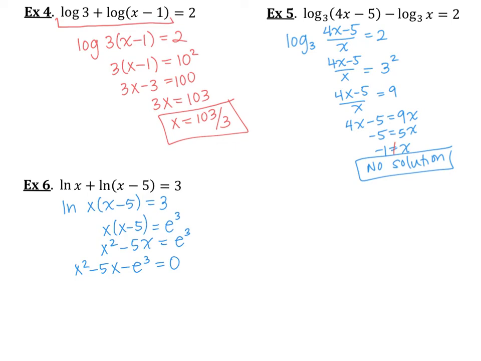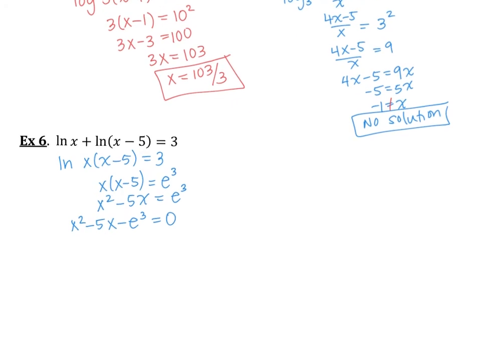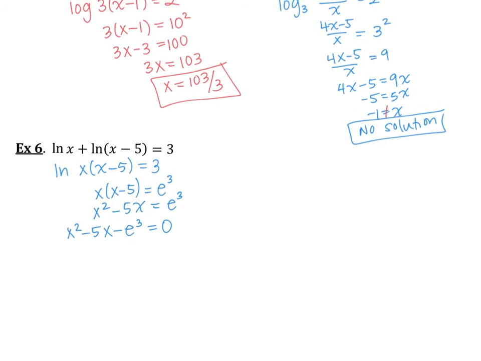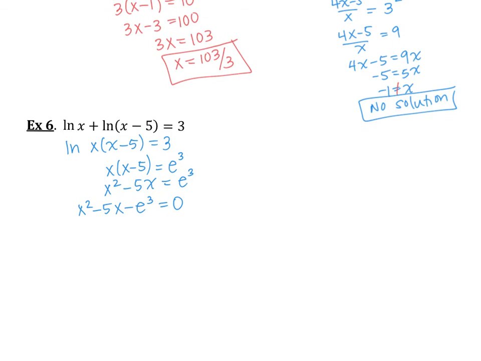Okay, as ugly as this is, actually it's not that ugly, it's a beautiful little quadratic. I'm going to solve it using the quadratic formula. If the middle term had been even, I might have completed the square, but since it's odd, I'm going to go ahead and use the quadratic formula because I can count on that to always work. Okay, negative b makes this positive 5.